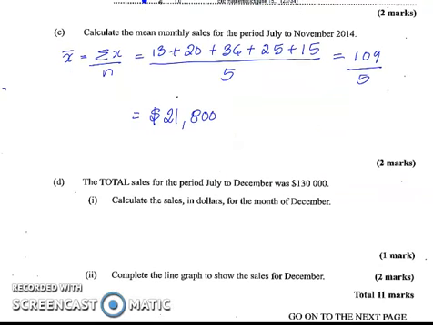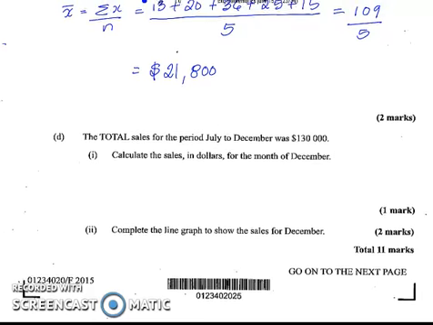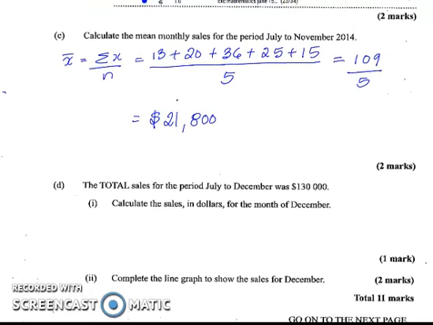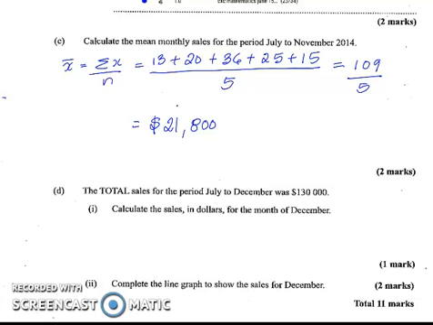Let's have a look at D. D says the total sales for the period July to December was $130,000. So they added the month of December. We're to calculate the sale in dollars for the month of December. Remember, to get the average, you have to add up all the values. So the 109 here would represent the total sale for the 5 months before December.